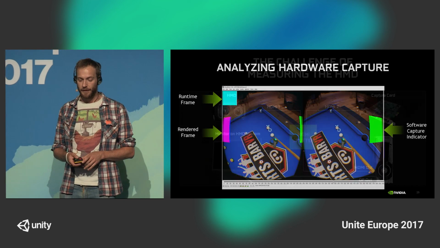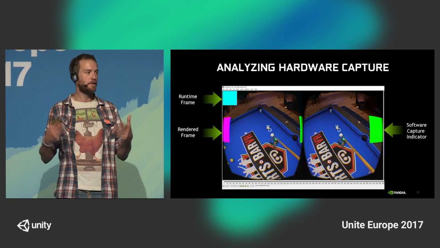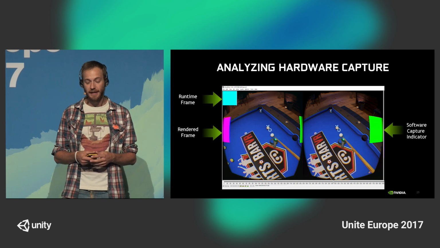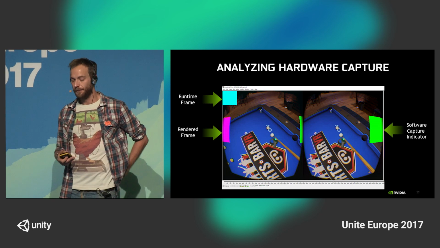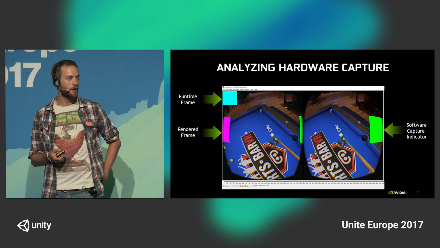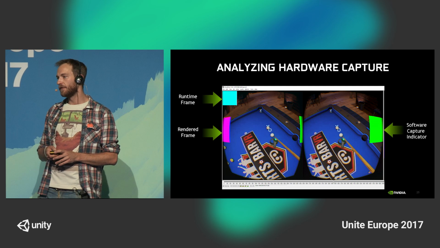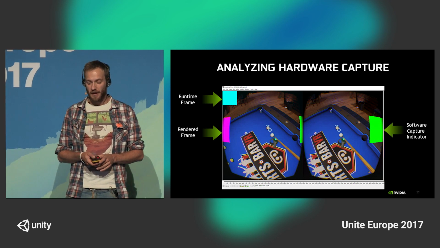And the way this works is usually you take a video of the app that you want to analyze, and then you run it through VirtualDub or another video tool to see frame by frame whether you're actually dropping frames or synthesizing frames.